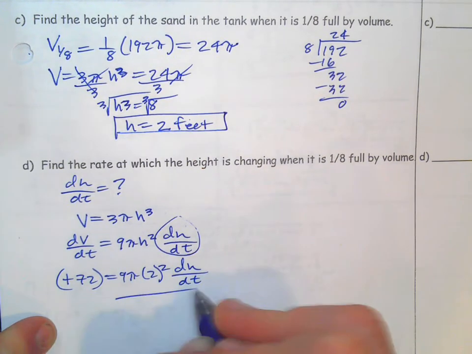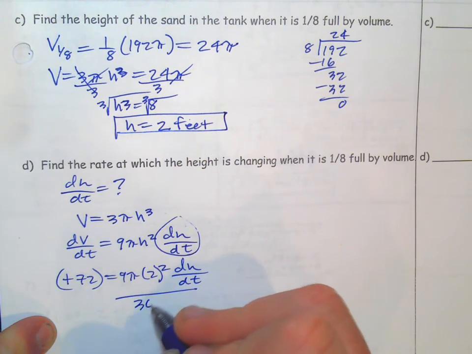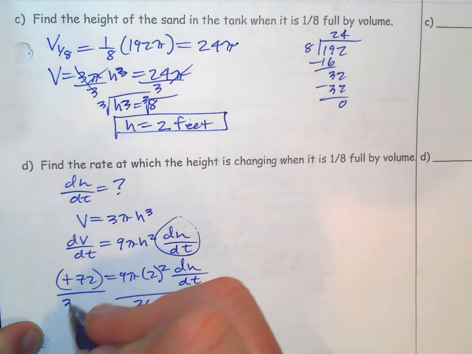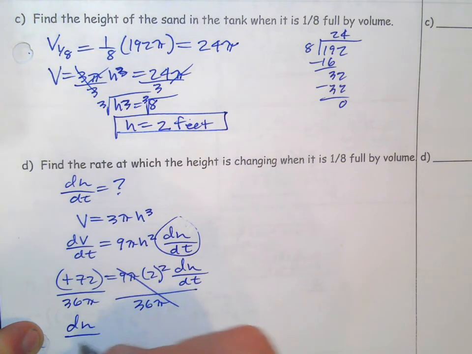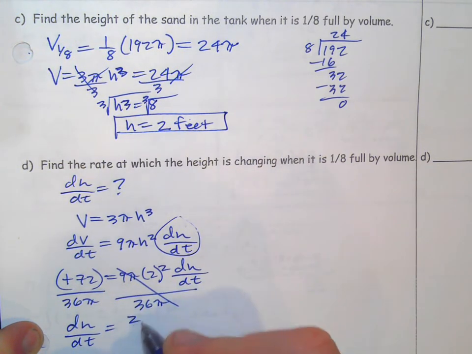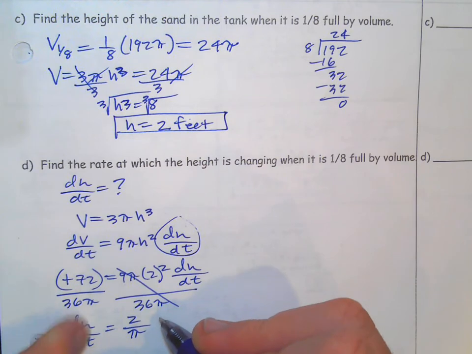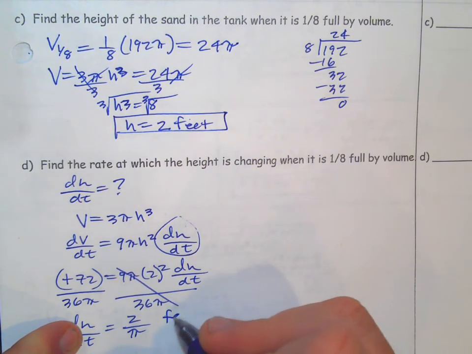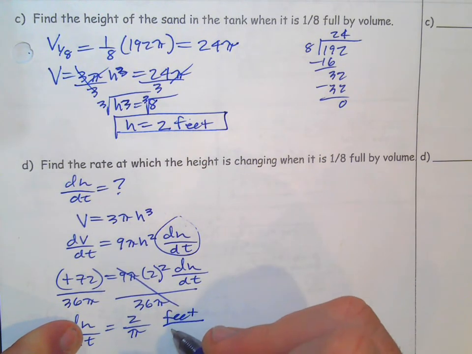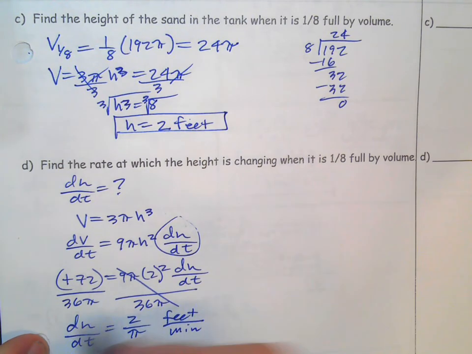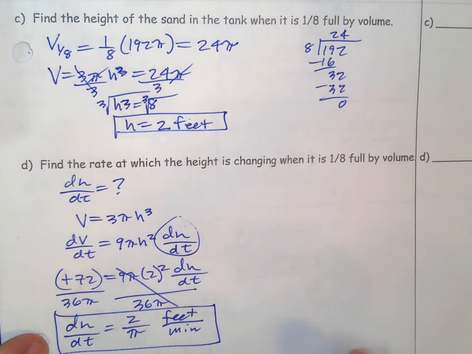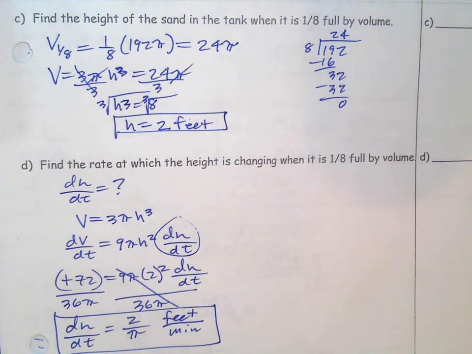So we're going to divide by 36 pi. So dh/dt equals 2 over pi. The unit should be a one-dimensional height, which is feet, per time, which is minutes. And that's it. There you go. 3 related rates.